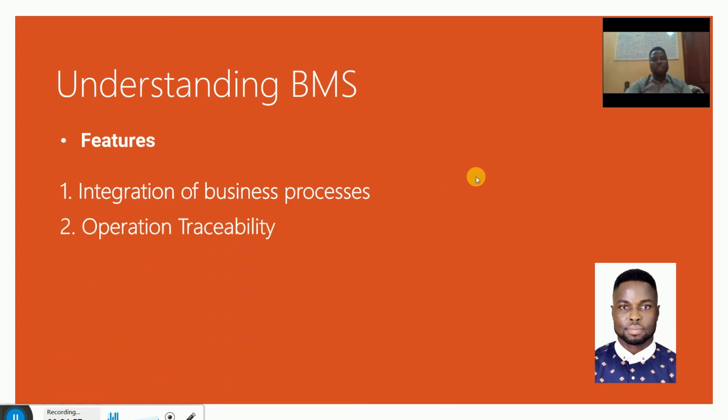Then operation traceability. It means that from each of these departments, or from each of these activities that are being carried out, transactions that move around must be traceable.